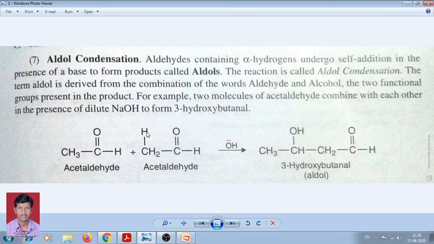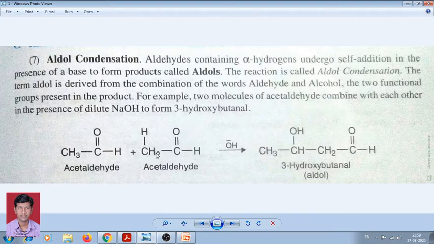Why is this alpha hydrogen? Because this is the hydrogen which is present on the alpha carbon, which is the alpha carbon with respect to the carbonyl aldehyde functional group. In this molecule, with respect to the carbonyl functional group of CHO, this is the alpha carbon and there are a total of 3 alpha hydrogens on this carbon.